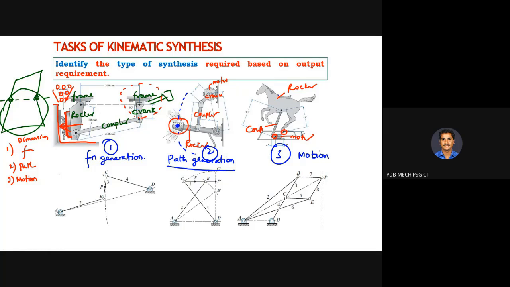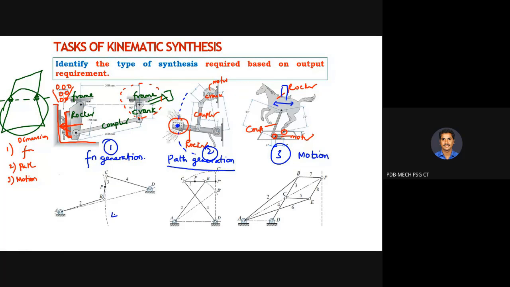Yes, for a specific motion, the child will be sitting here. While this is in motion, it has to be in a particular orientation. If not, what will happen? The child will fall down. So safety of the kid who is sitting above the horse is a question mark. So for a specific motion, it needs to be made horizontal. So it needs to be designed with motion generation synthesis.